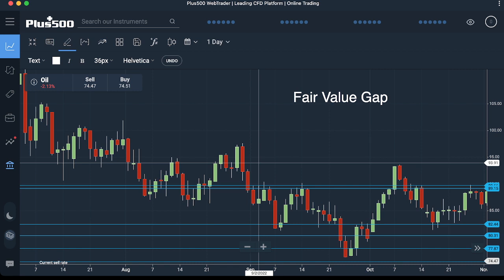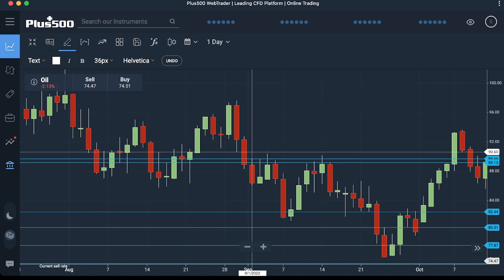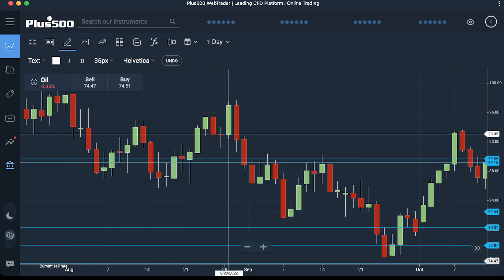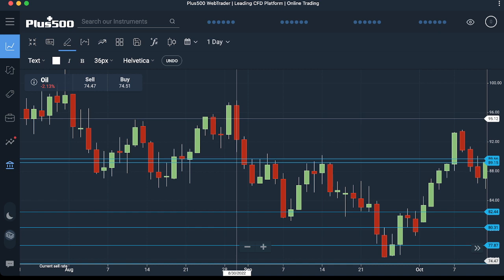The crude oil market as of now in the weekly chart is bearish. So that's why the importance of finding fair value gap to the downside can be more critical in this situation. Here you can see the blue line, the first one on the top, is the distance between this candle low and this candle high.